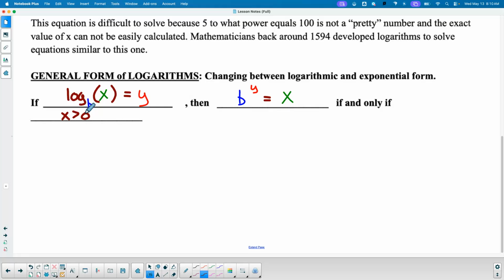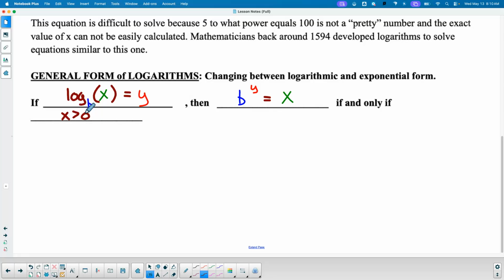The argument, x here, is called the argument. b is the base, y is the exponent. Logarithms find exponents. They're exponent finders. Logs are exponent finders.